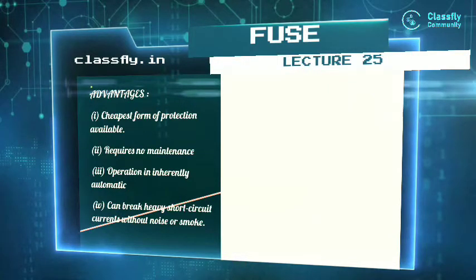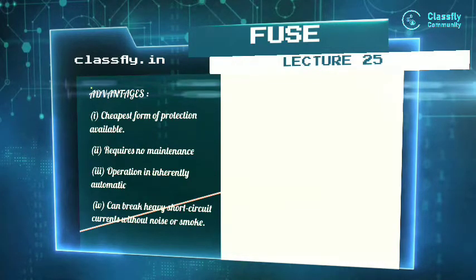The third point is that the operation is inherently automatic. Whatever the fuse is doing, it is doing automatically. How? Whenever the current flows and the temperature increases to the maximum level, it breaks out, right? It melts.